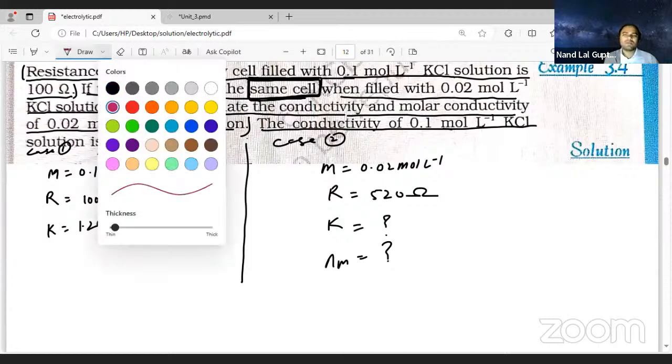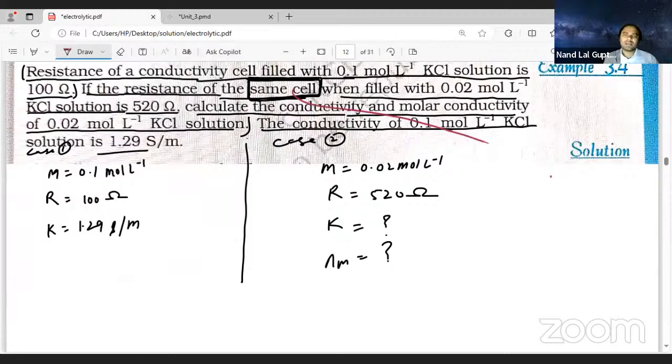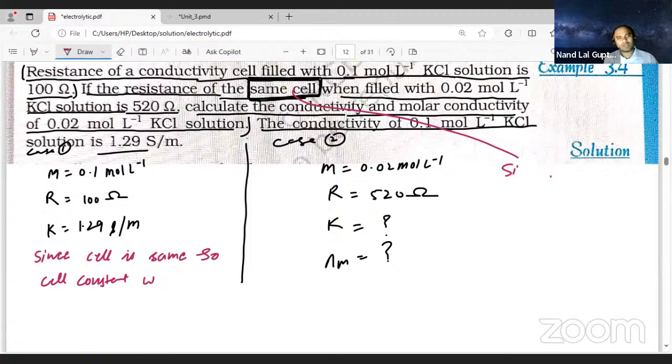Now, since the cell is the same, what can we write? The cell constant will also be the same.